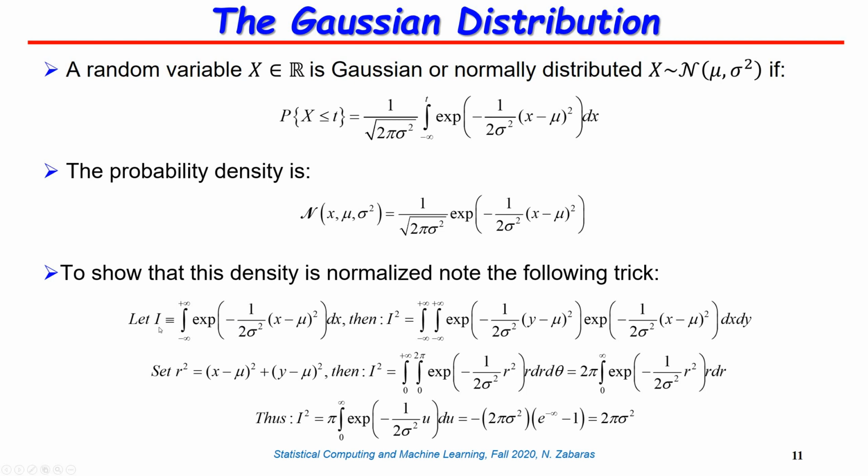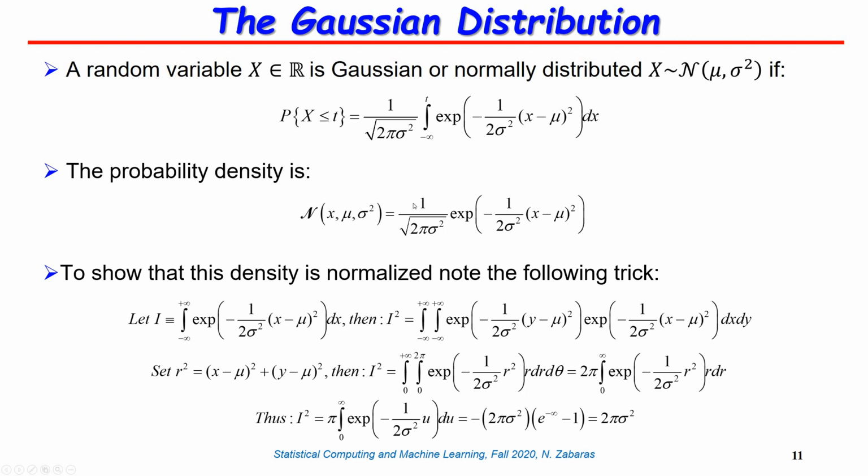This integral, I define it to be I, and then I do a little trick to compute I square by doing double integration in x and y from minus infinity to infinity in both directions. And then if you transform the x and y coordinates to polar coordinates, and you change dx dy to r dr d theta, and you integrate in theta from 0 to 2 pi, and in r from 0 to infinity, it comes out that I square is 2 pi sigma square.